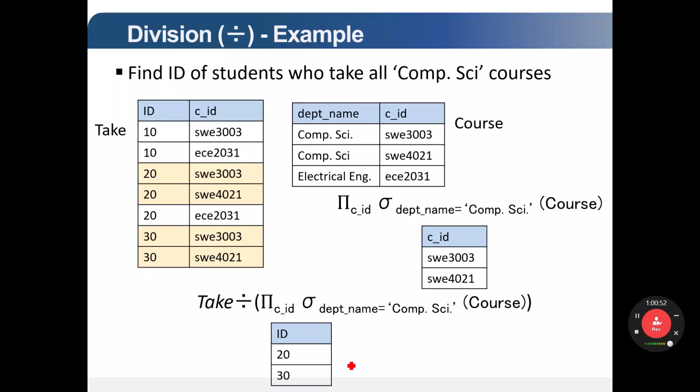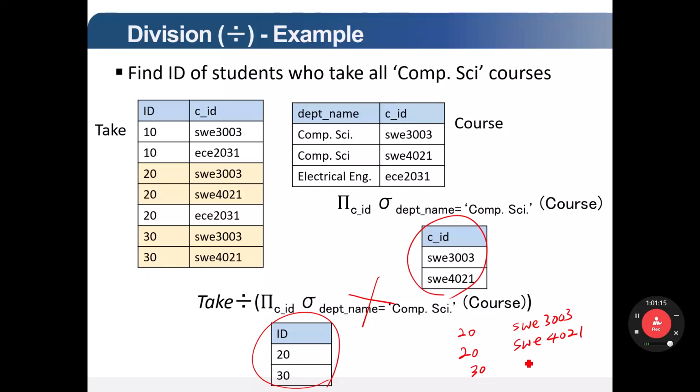Let's perform the Cartesian product with this table and this table. Then what we get is 20 SWE 3003, 20 SWE 4021, and 30 SWE 3003, 30 SWE 4021.